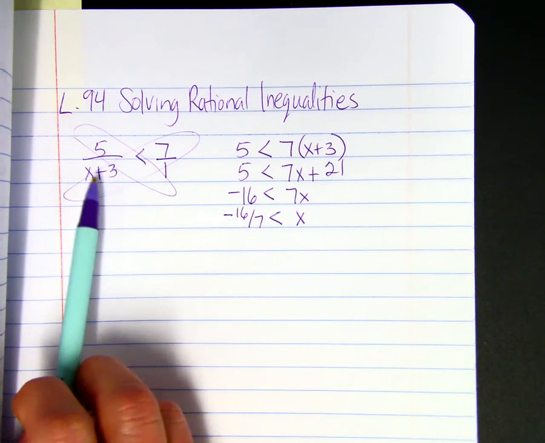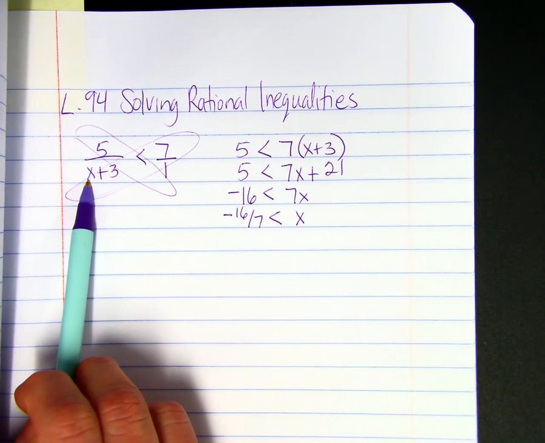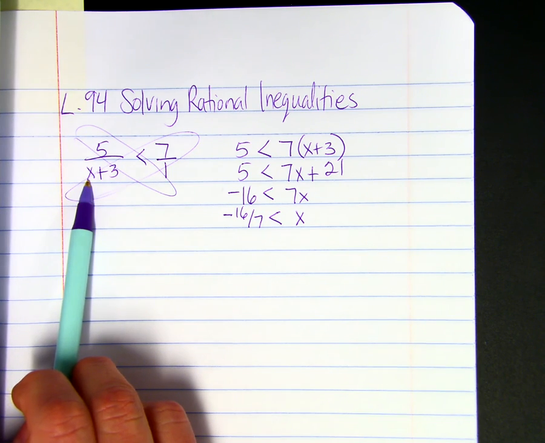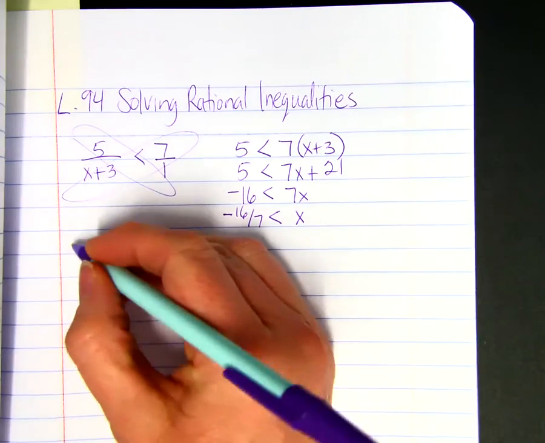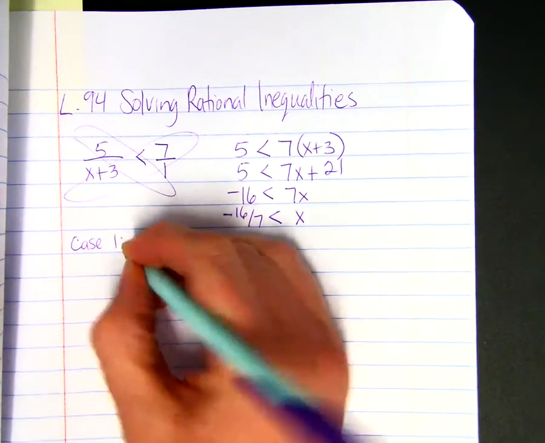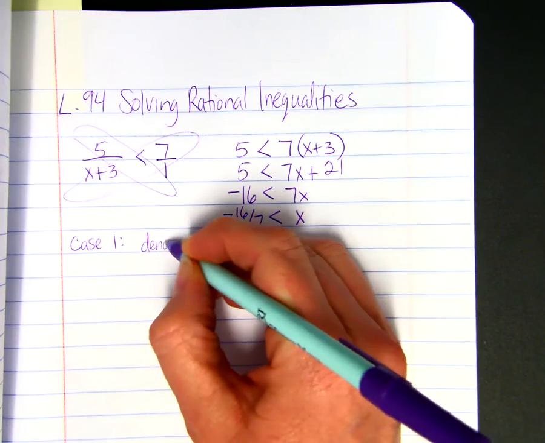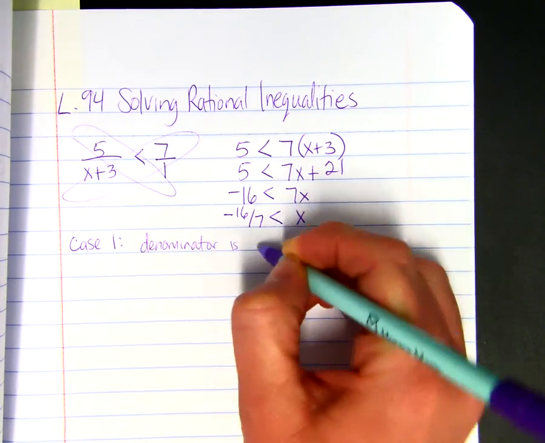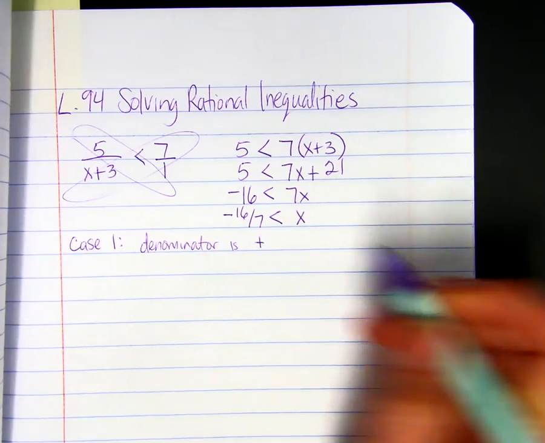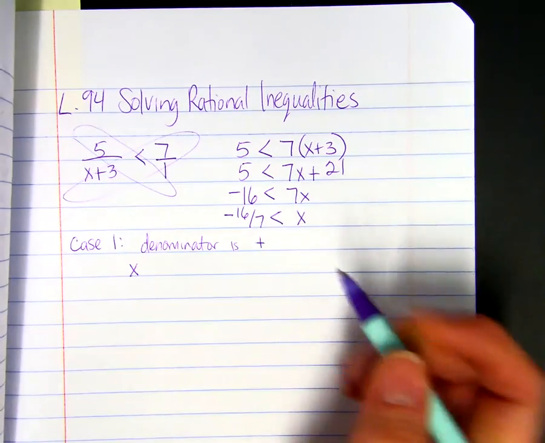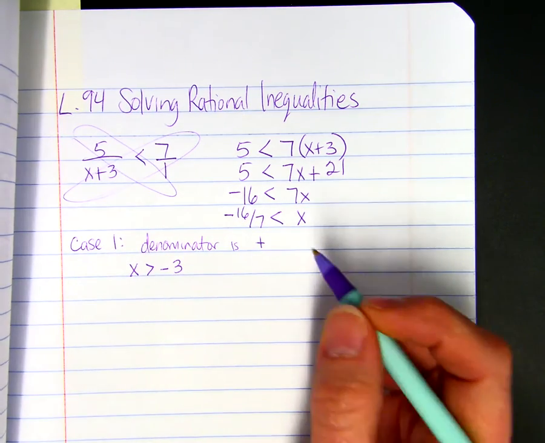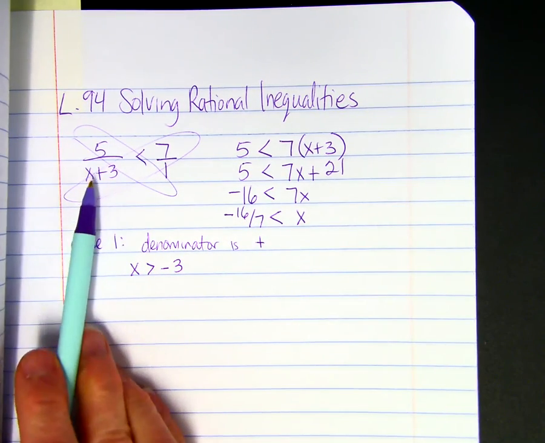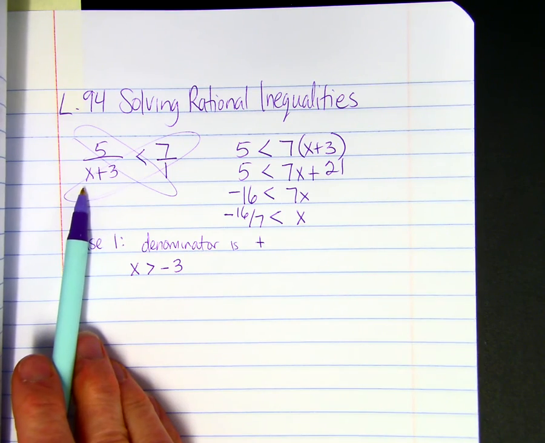But in the denominator, x cannot be equal to negative 3. So case 1, if the denominator is positive, then x will need to be greater than negative 3. Okay? Can't equal negative 3, but it could be greater than.